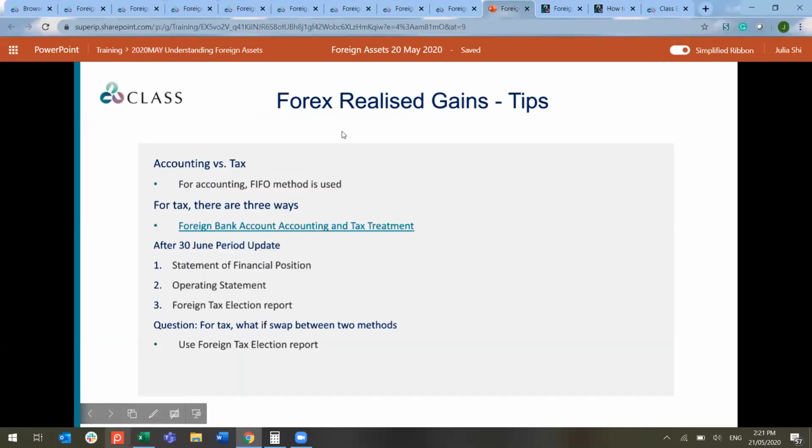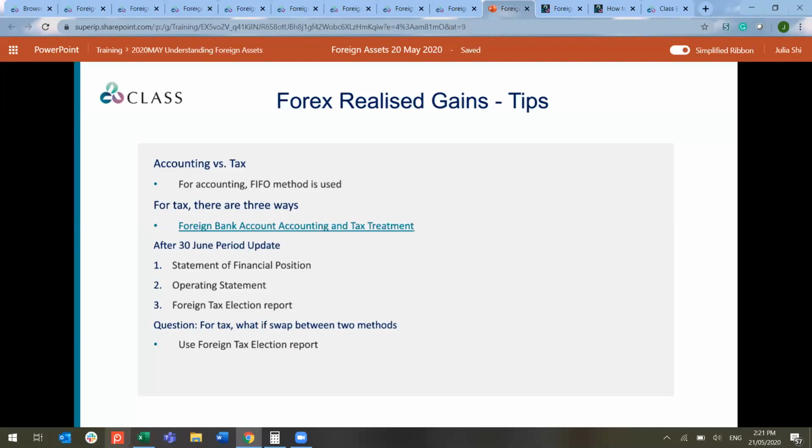All right, a lot of the times we have clients asking us why there's a huge realized gain or loss that's been taken up, when we don't really have that many cash out transactions during the year. How is this calculated? Most of the time we realize it's because there's a switch between different methods.